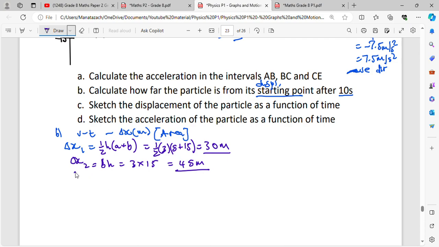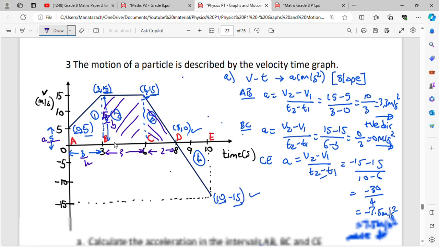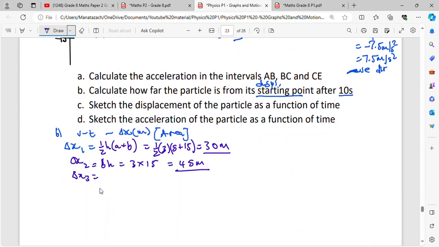Then change in x3 will be this area here. The base is 2, and the height is 15. Since it's a triangle, half base times height. Base is 2, height is 15.